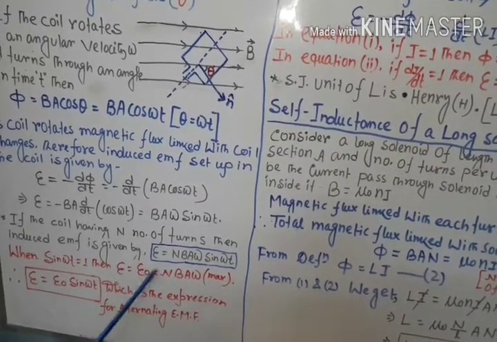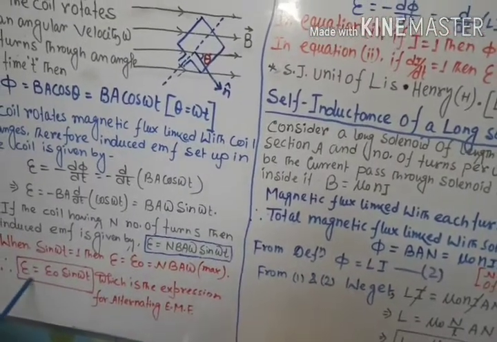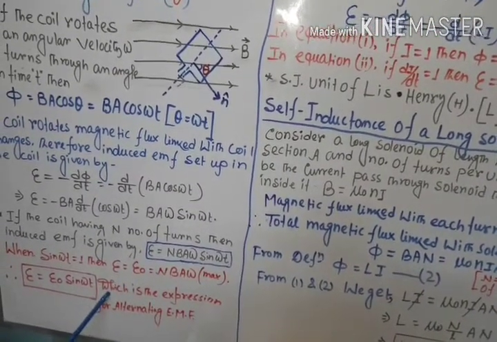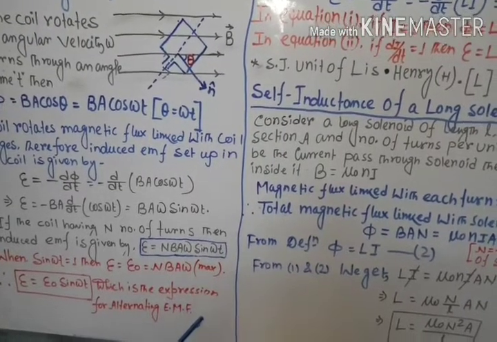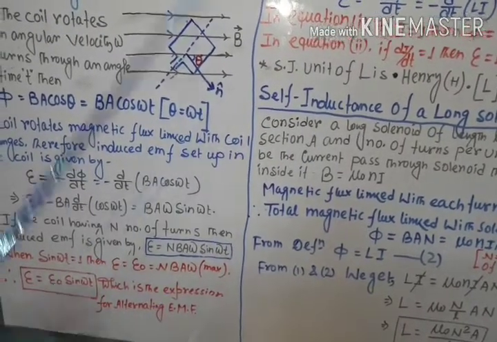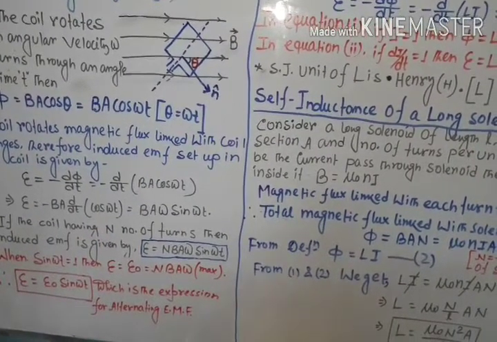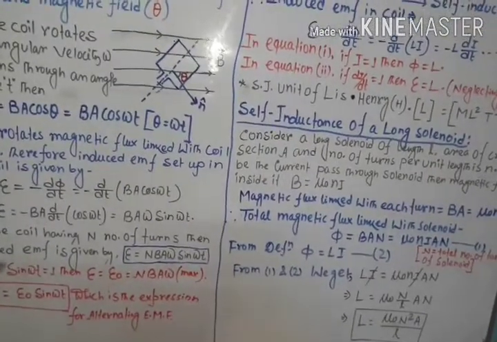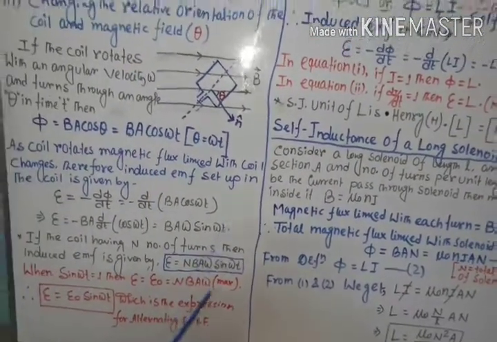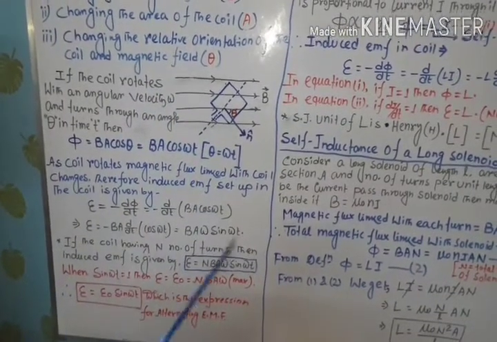Therefore in terms of E naught, this expression can be written as E equal E naught sin omega t, which is the expression for alternating EMF. So by any one of these three methods we can produce the induced EMF across a coil or circuit. And students, remember method 3 is actually the theory of the generator.